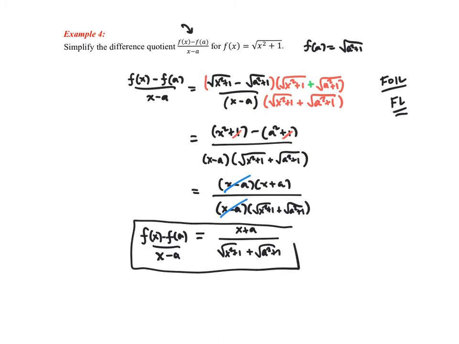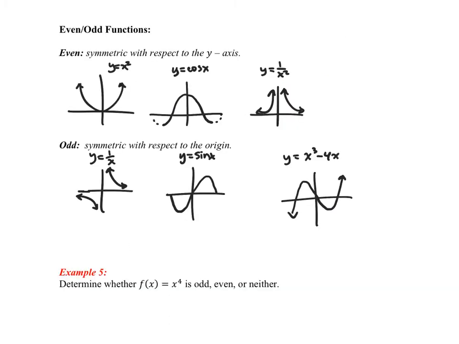Now, we're going to revisit that a lot later on in further chapters, so this is a good skill to be competent in. All right, so let's talk about even and odd functions. So here I've sketched out 3 even functions. Okay, this is even because it has symmetric properties with respect to the y-axis. So if I reflected the function over the y-axis, the points would match up.